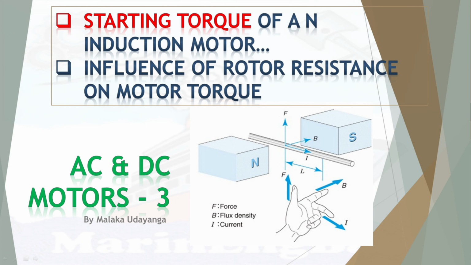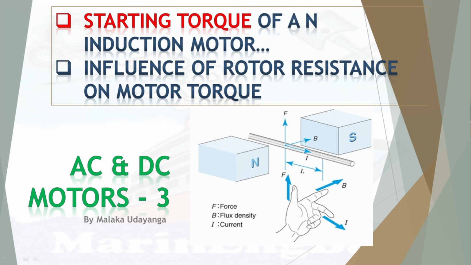In this session, we will be discussing motor torque, especially the starting torque of an induction motor and the influence of rotor resistance on the motor torque. In detail, the classic graphical representation of the torque and current against the speed or the slip, and how the reactance and the rotor resistance influence the motor torque, especially the starting torque and the running torque.